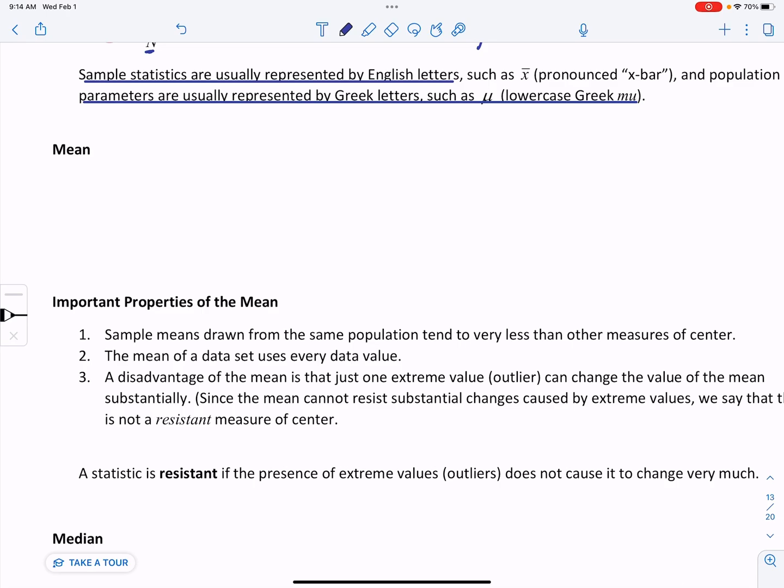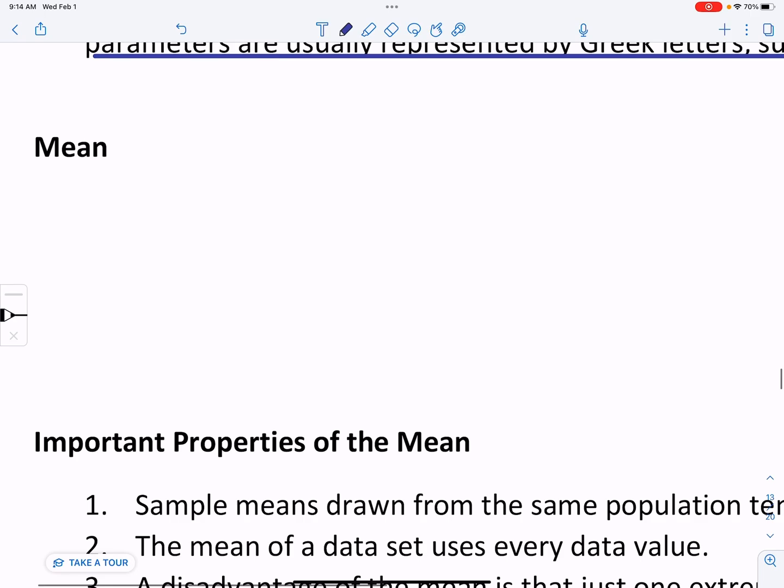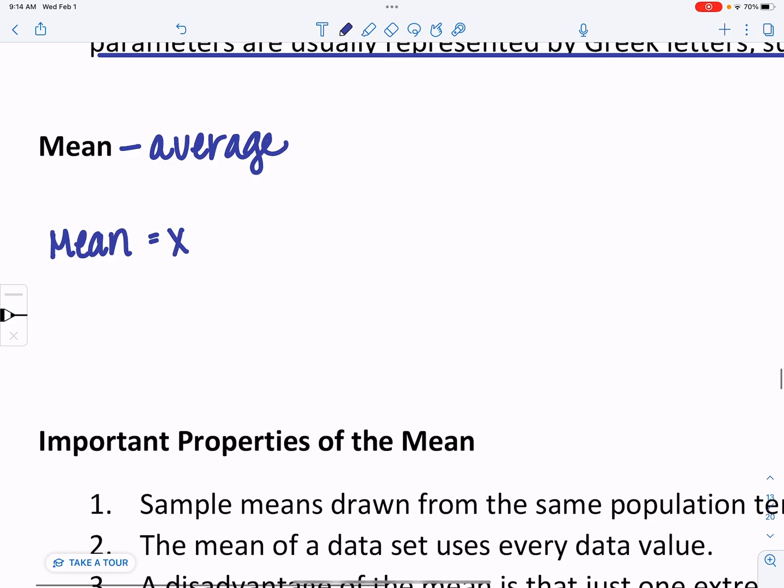So we've talked about the mean just a little bit in talking about the notation. Just to reinforce, for the mean, we're simply calculating an average. That's not a new concept for you. What you need to realize is that we can connect the mean to X bar.